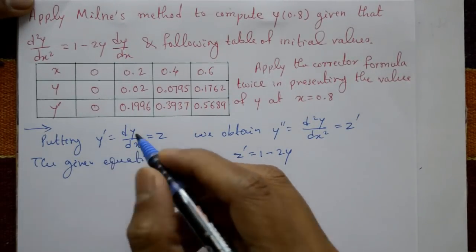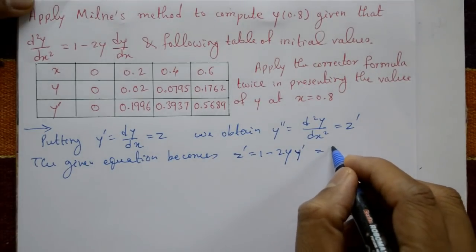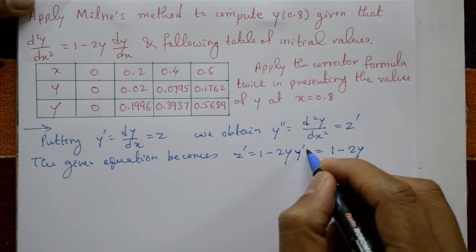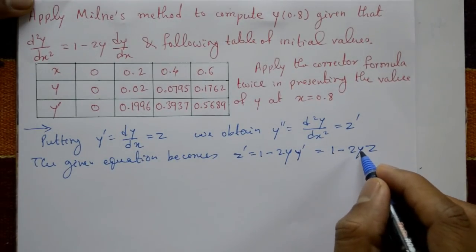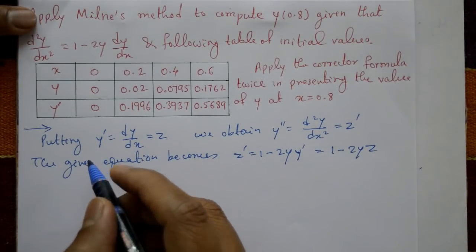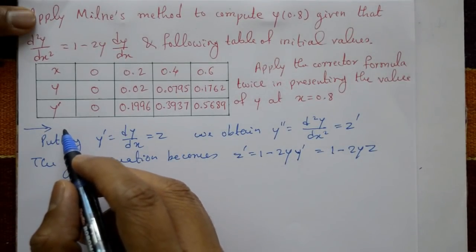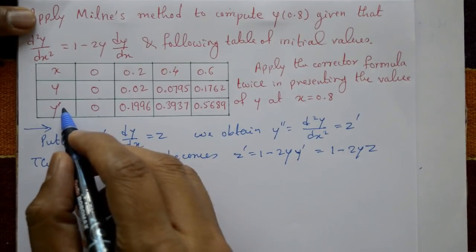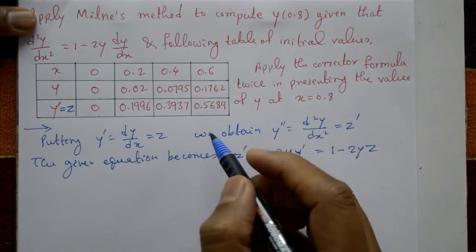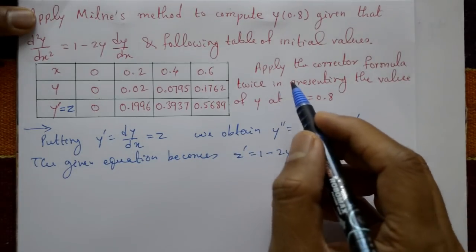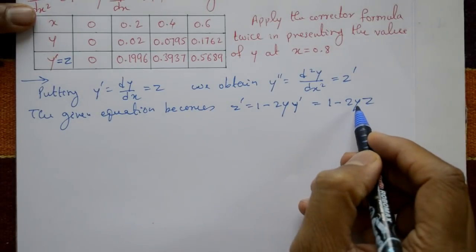Dy by dx means y dash, so 1 minus 2y y dash, which means z. Z dash is equal to 1 minus 2yz. Next we require z dash values. Y dash means z. Now we require z dash values, and those values are substituted in the predictor and corrector formulas. So z dash is equal to 1 minus 2yz.